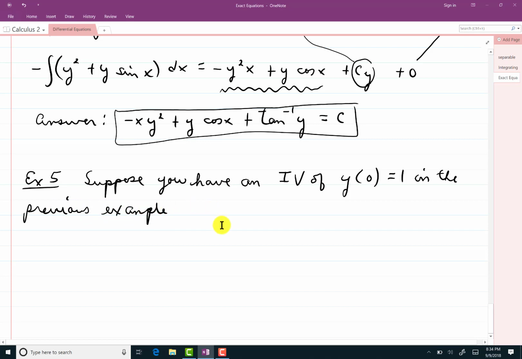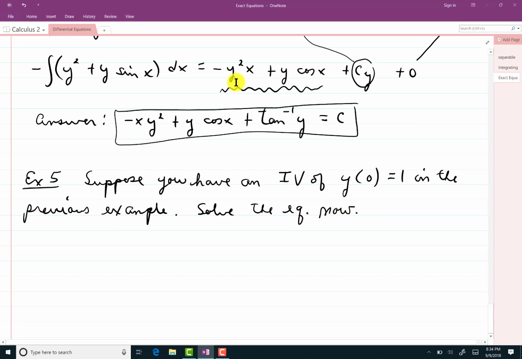So if you're given that, now solve the equation for the constant. So solve the equation now.